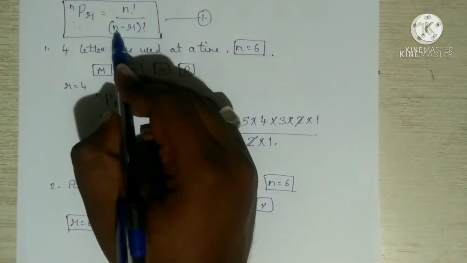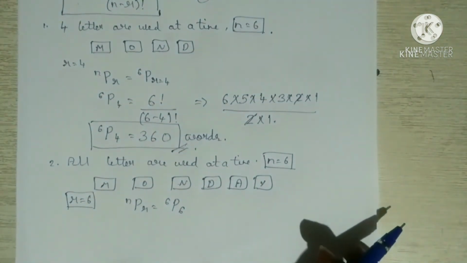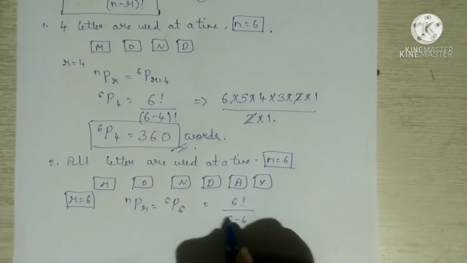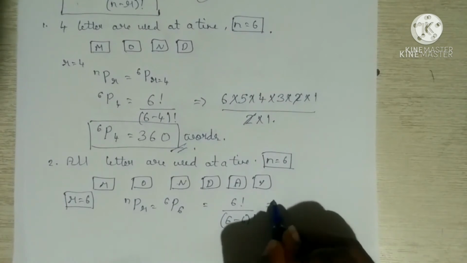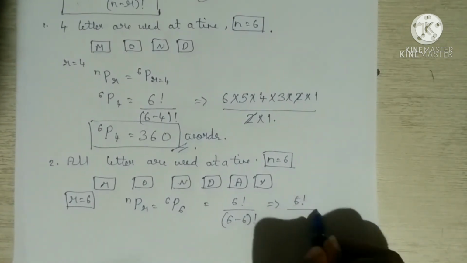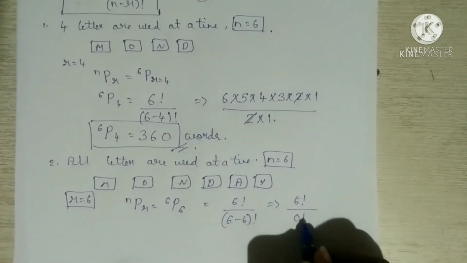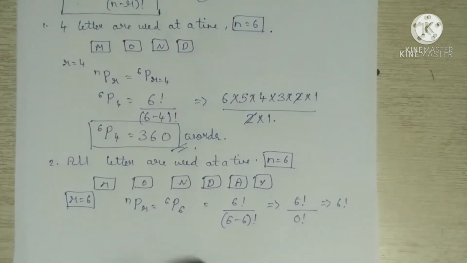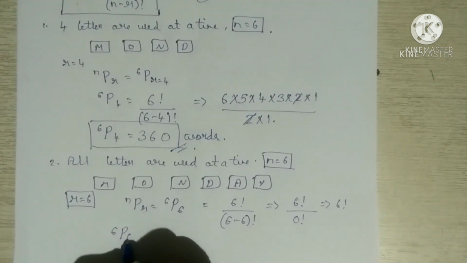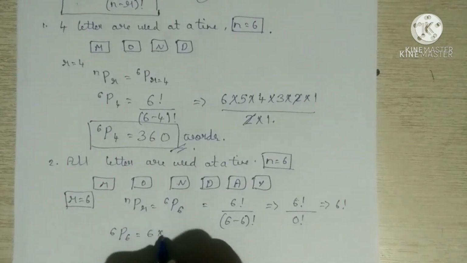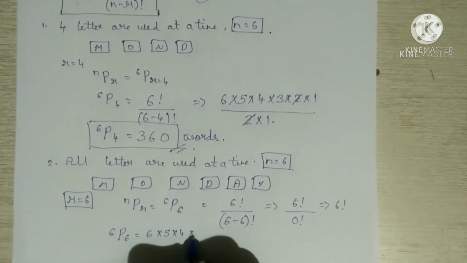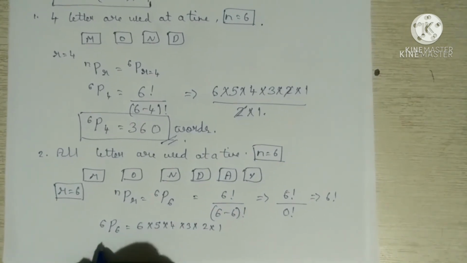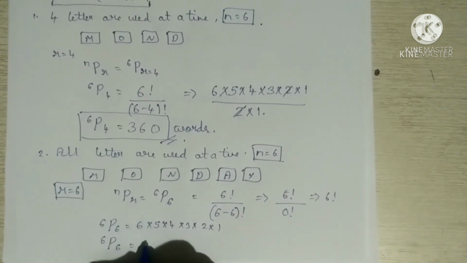Substitute n factorial by n minus r factorial. n is 6 factorial by 6 minus 6 factorial, which will be equal to 6 factorial by 0 factorial, which is nothing but 6 factorial. 6P6 is equal to 6 factorial, 6 into 5 into 4 into 3 into 2 into 1. 6P6 is equal to 720.